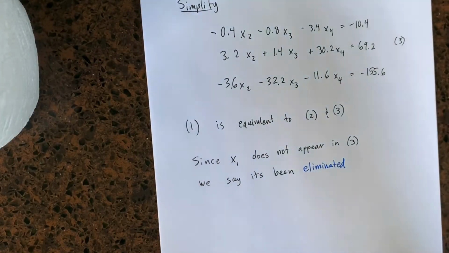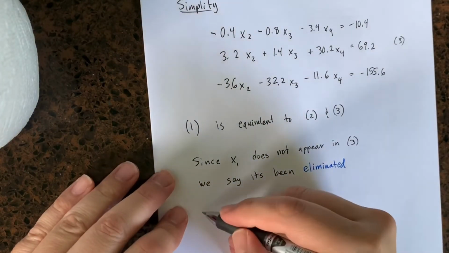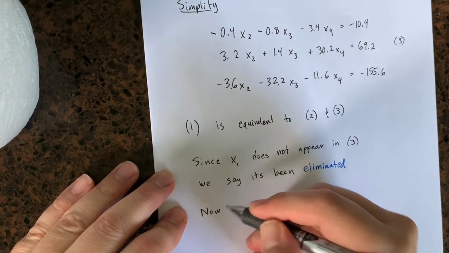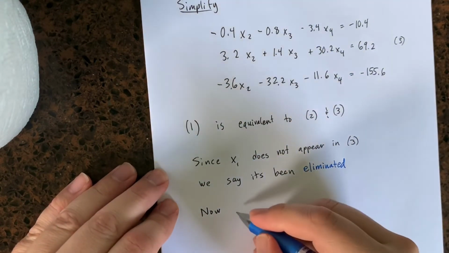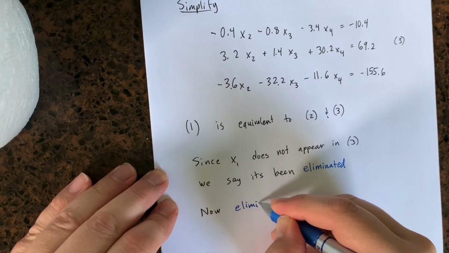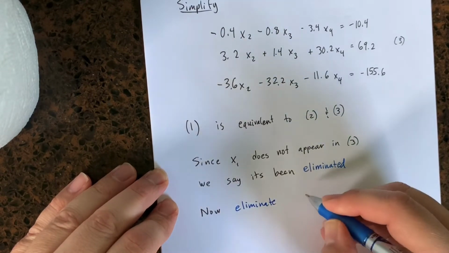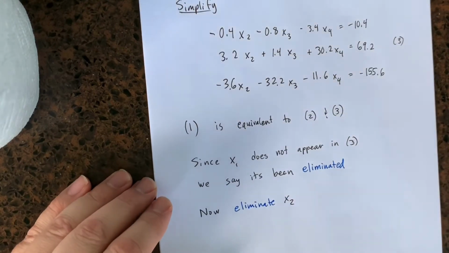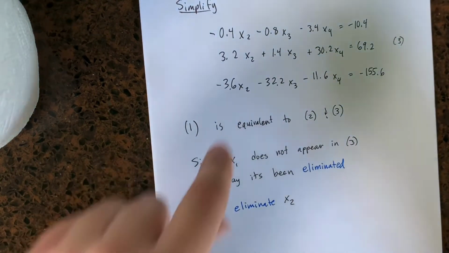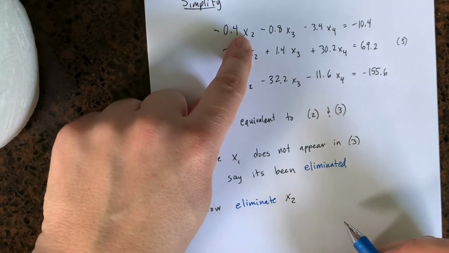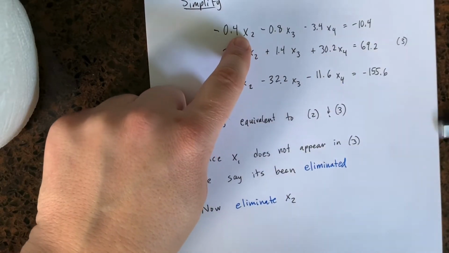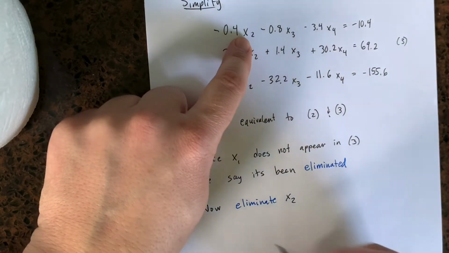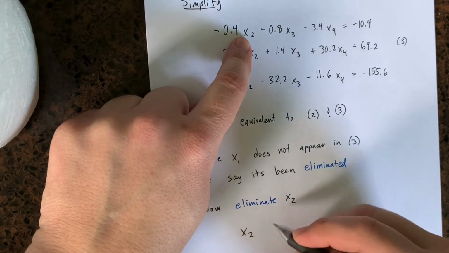So what's to do next? We want to eliminate x2. We've eliminated x1, now eliminate x2. So in this set of equations, solve for x2. Right here up top, x2.